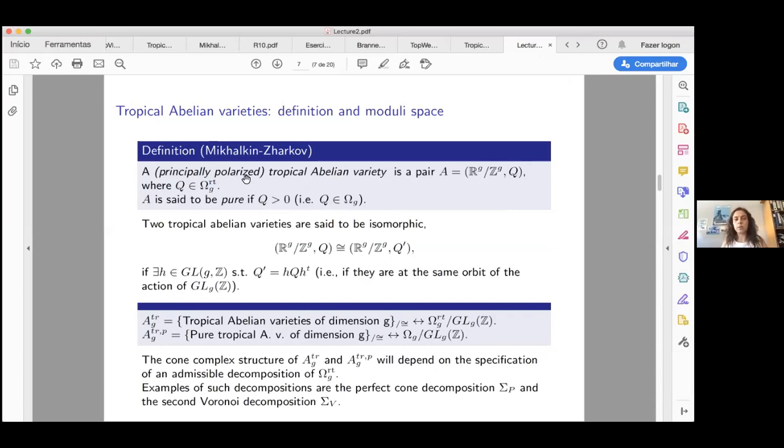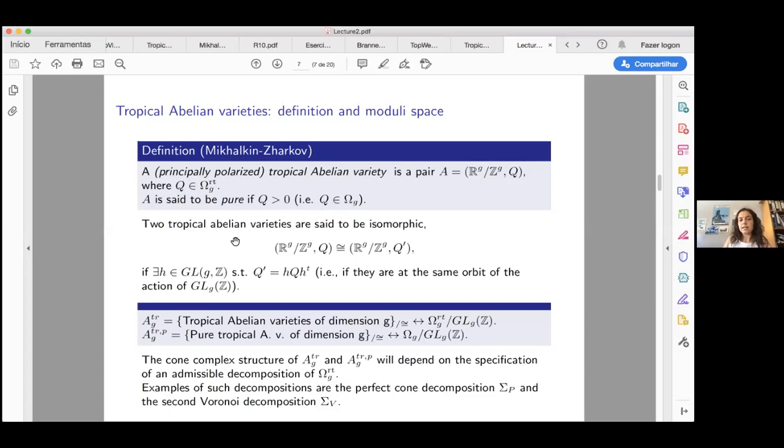A principally polarized tropical abelian variety is a pair A given by a real torus of dimension g, which you identify as R^g divided by Z^g, and a quadratic form Q in our space Omega G rational. And we say that A is pure if the form is positive definite, meaning that Q is in the cone of positive definite quadratic forms of rank g.